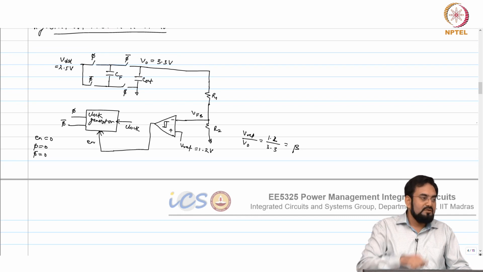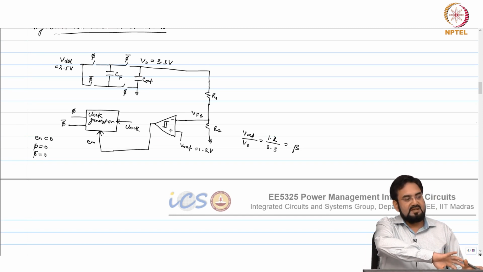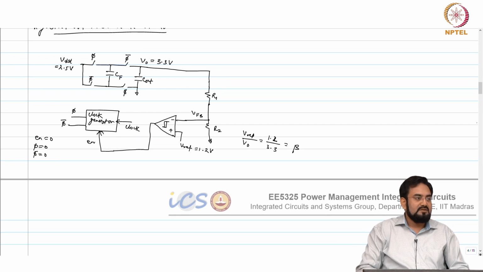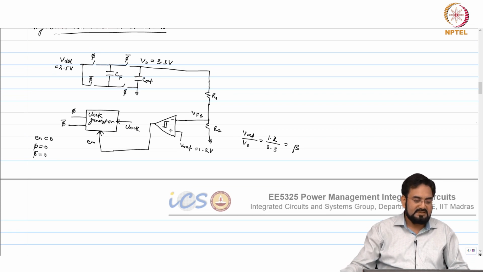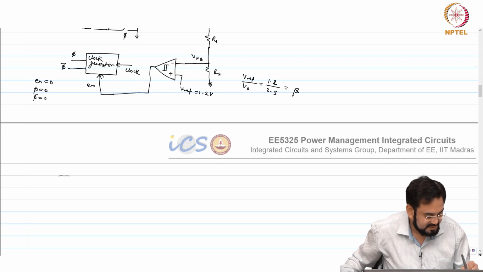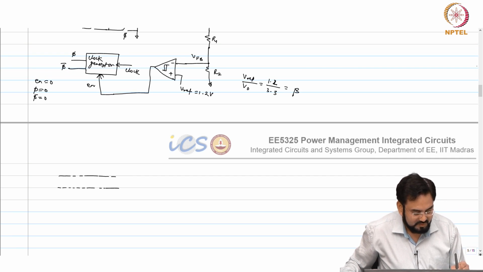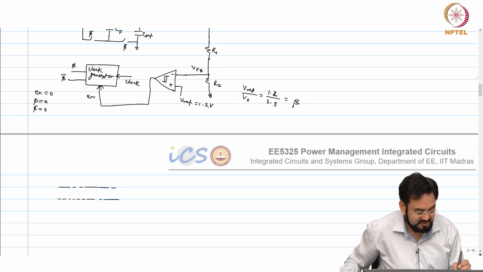So now define a window. If it goes above that, it will start switching and it will transfer the charge to output. Okay, if it is below that, so remember the hysteretic converter. So my output required is 3.3 volt. VFB should settle to 1.2 volt based on the ratio we have chosen.